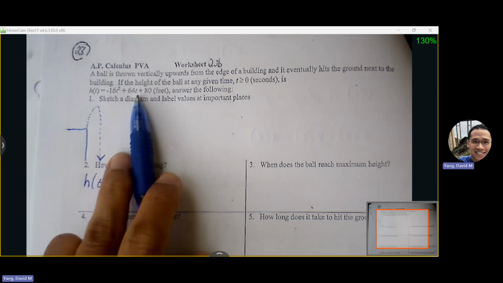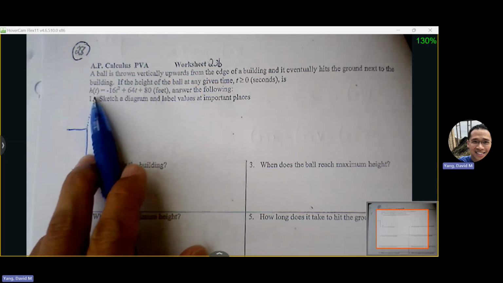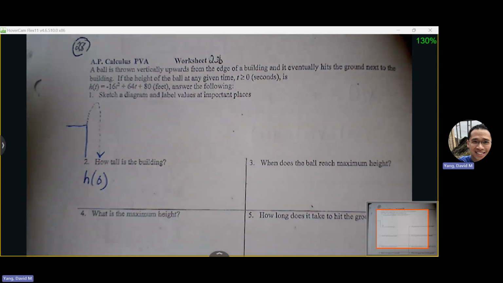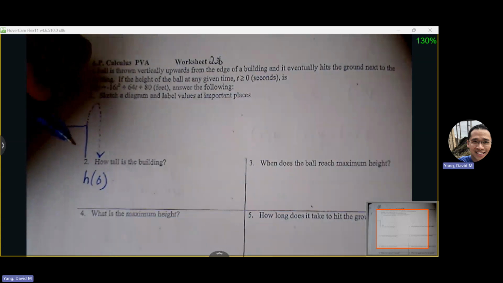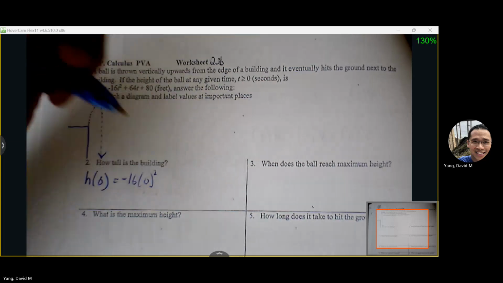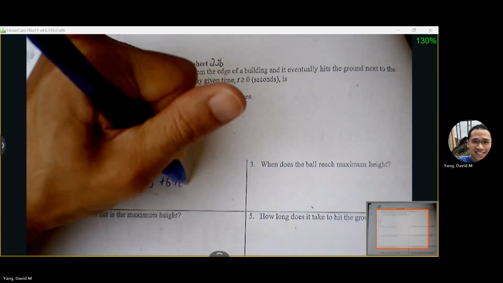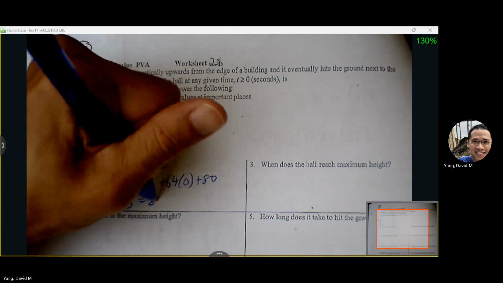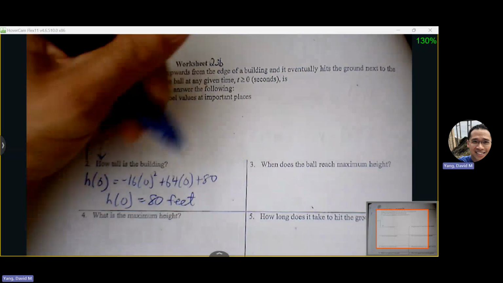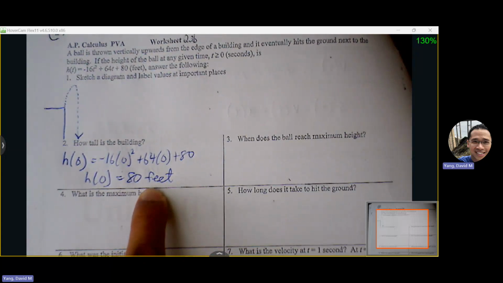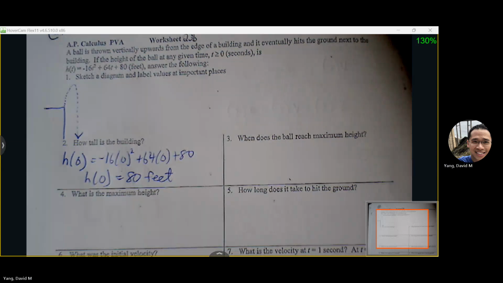Remember, any t value I give it is going to give me the height or the position of the ball, which happens to also be at the top of the building. So because the ball is starting at the top of the building at 0 seconds, we know that is also the height of the building, 80 feet.